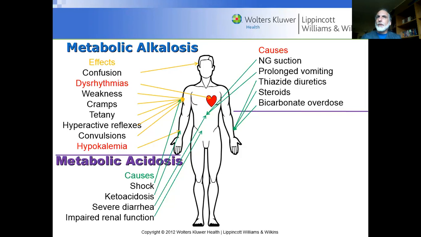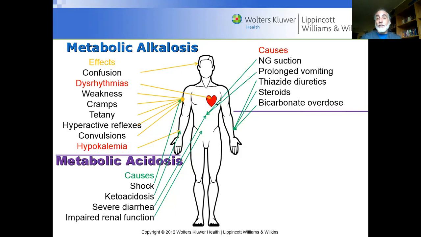Let's see. So kidneys produce ammonia. Okay, well, if my kidneys aren't functioning well, are they producing the ammonia? Oh, wait. They also produce bicarbonate. And if they're not functioning, they're not producing the bicarbonate. All right.